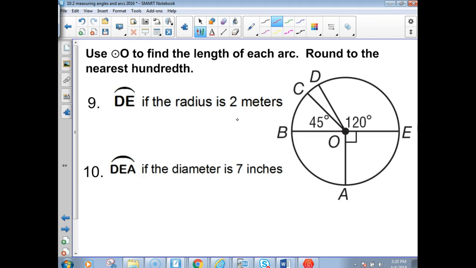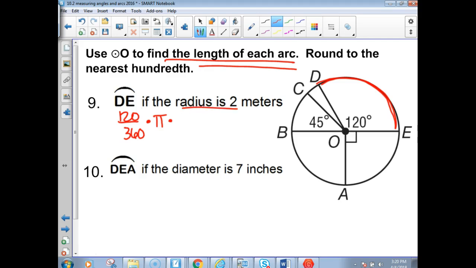Okay, 10. Find the length of each arc. So we have to make sure we're reading the directions. Is this on the next page? Thank you. Okay, arc DE. We want to find the length of that. We have a central angle of 120, so we'll start with 120 out of 360 times pi. Now I need times the diameter.